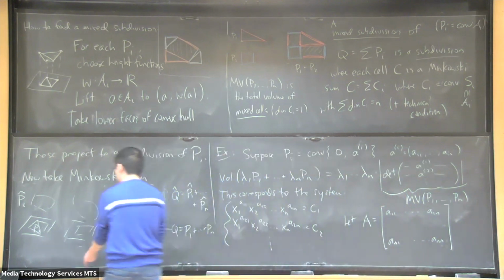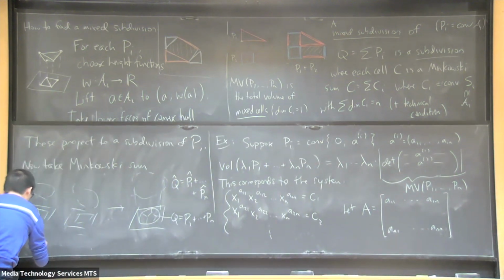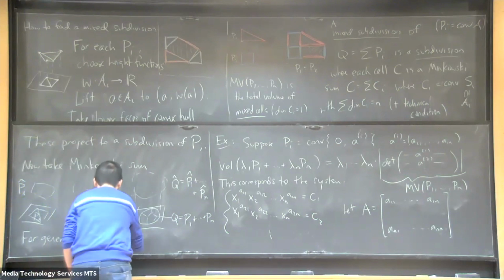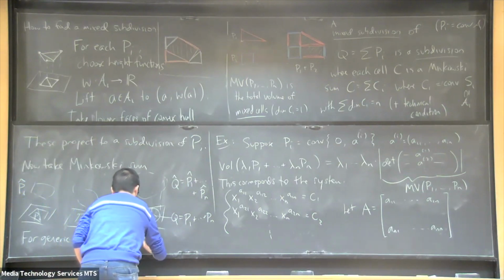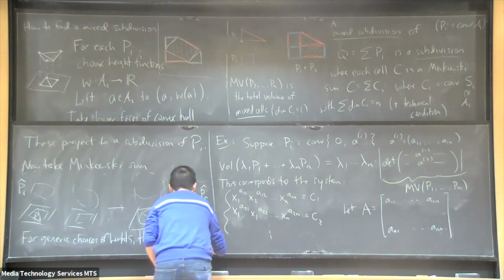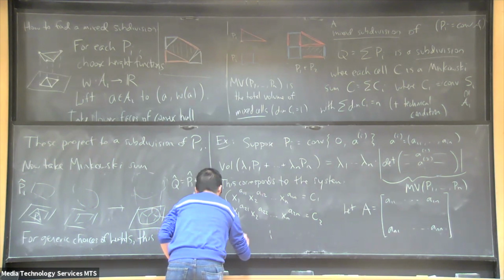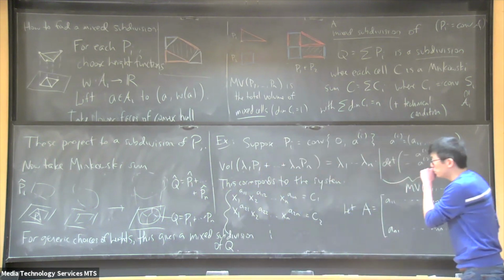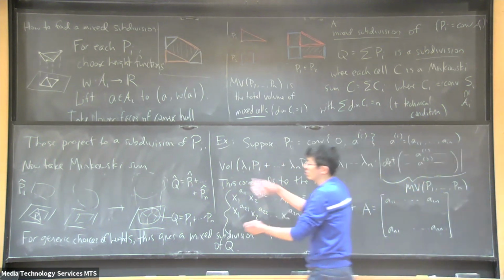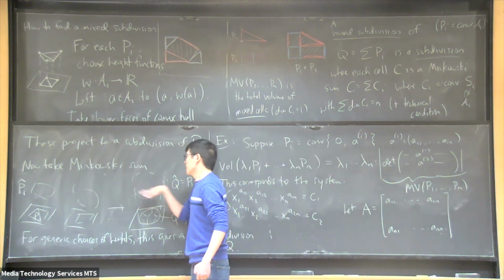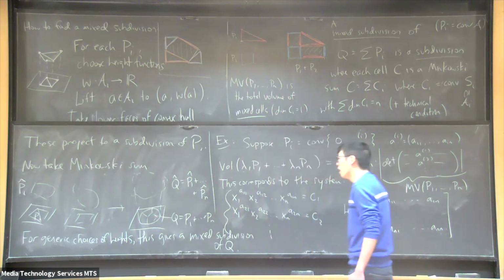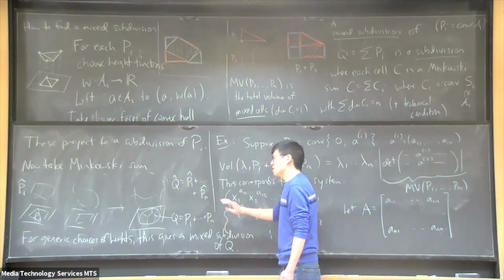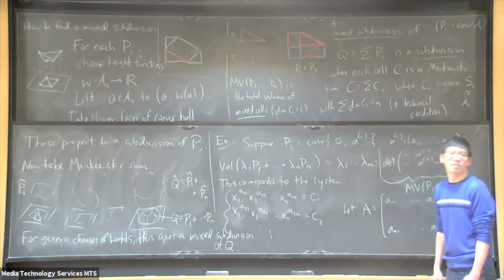So this is a way that you pick heights for each of your points and then take lower faces to get a subdivision of Q. The reason why I am talking about this at all is because, as we will see, this is going to be key to the proof of Bernstein's theorem.